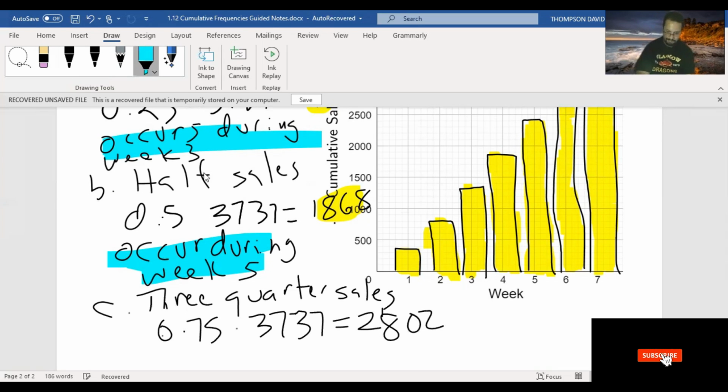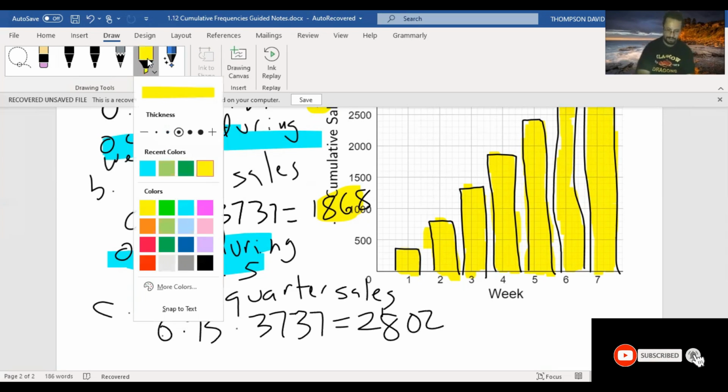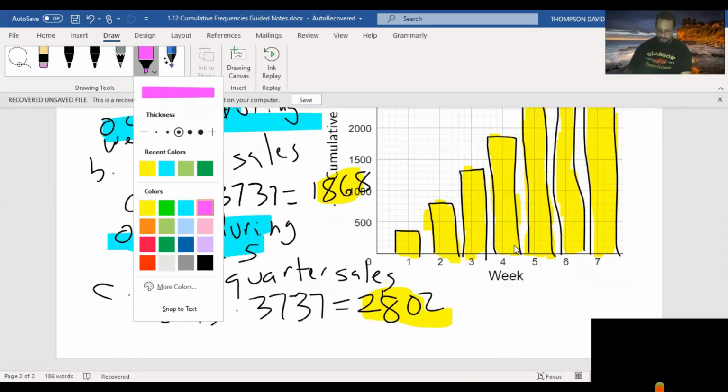So now I'm going to figure out when this occurs. So let's use pink for a different color. So 2,802.